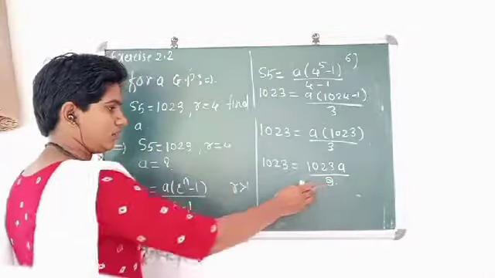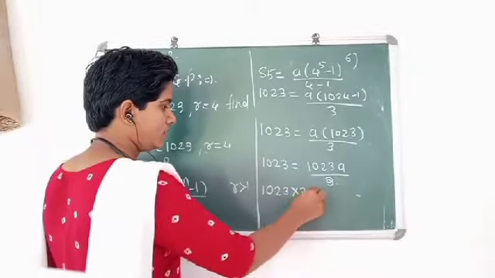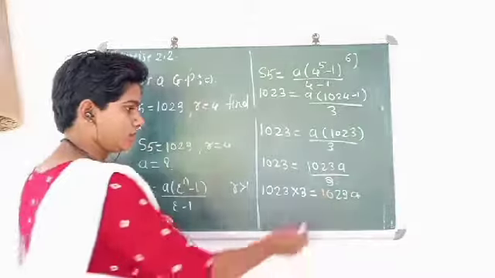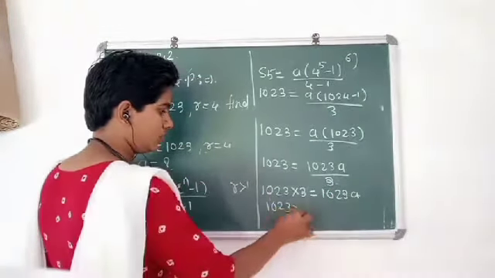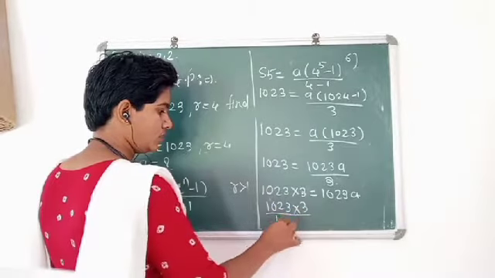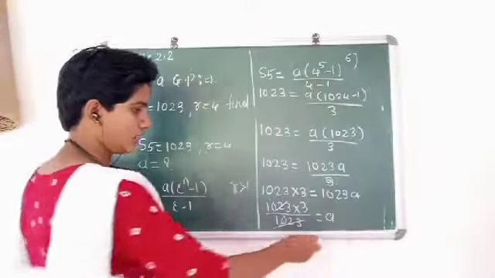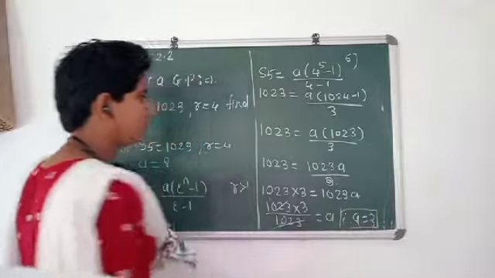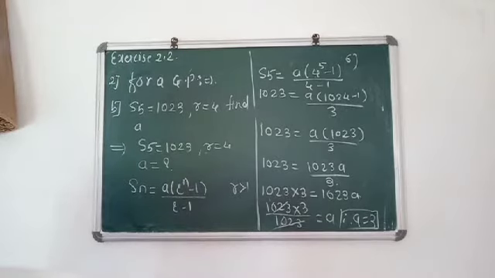So the 3 which is dividing goes to the other side and gets multiplied: 1023 multiplied by 3 is equal to 1023 A. To find the value of A, the multiplying term goes to the other side and becomes division, that is 1023 into 3 upon 1023 is equal to A. The 1023 cancels, therefore the value of A is equal to 3. So this is the solution of the second example, A is equal to 3.